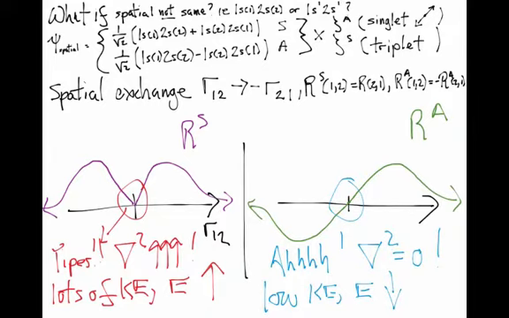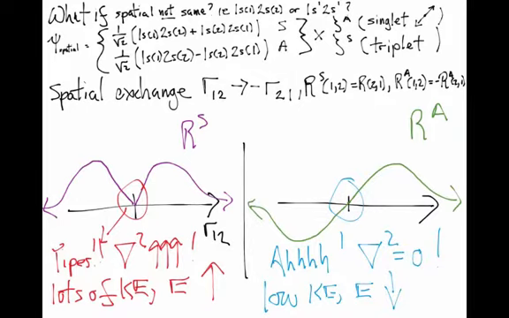The left-hand one, with the symmetrical spatial exchange wave function that has the high energy, is symmetrical in spatial exchange, and so it has to be paired with the antisymmetrical spin exchange wave function, and that antisymmetrical spin exchange wave function is a singlet.